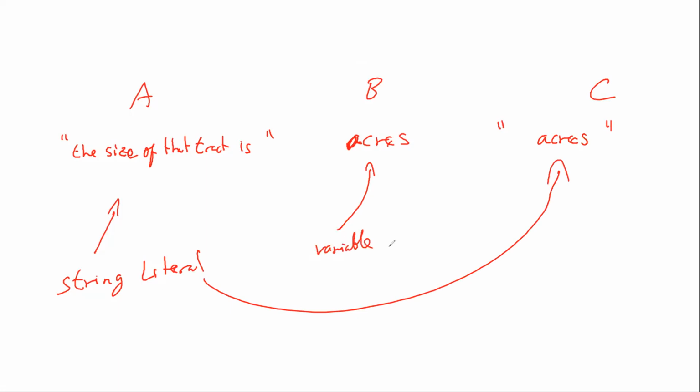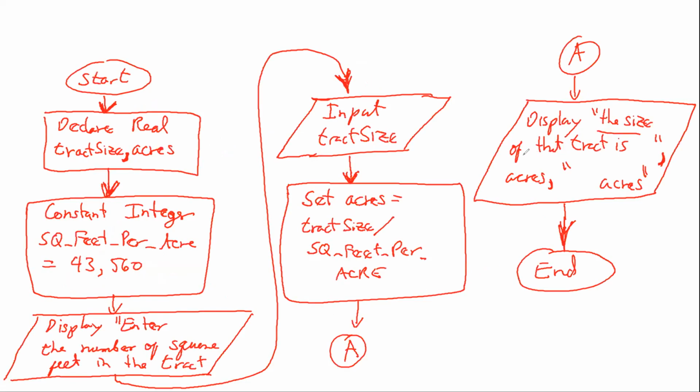So if we go back to the code, I took the size of the tract, that's one. Acres is another one. And the variable is another one. In the function, I have to separate them or concatenate them by commas.